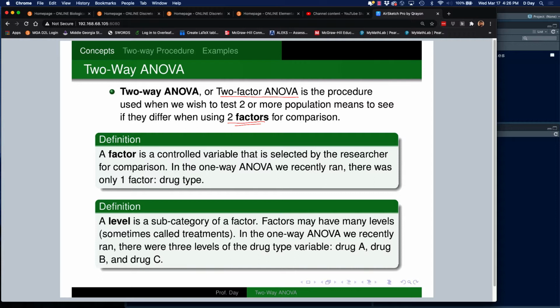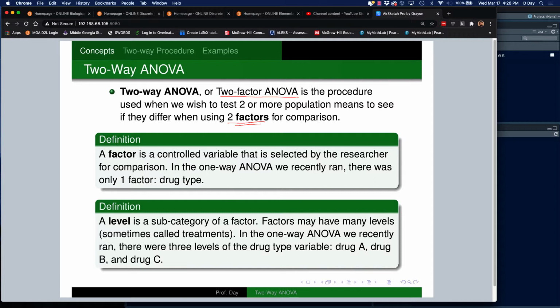Usually it's categorical in nature, it just helps to divide the data up categorically, but the data is still in this case quantitative. It's usually controlled by us, the researcher. While we can't control everything about our groups, ultimately we can control how we set up our groups and how we set our study up. And so that's why the factor is something we can control.